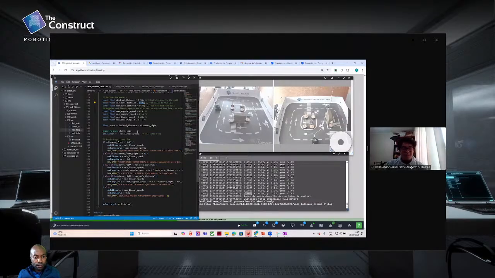The far threshold is 0.35 meters. So in the trajectory corrections, first, if there is an obstacle in front, which I defined as 0.5 meters, the robot slows down and gently turns left to avoid a frontal collision. Then, when there is open space on the right, or when it loses the wall, the robot is driving away from the wall and it turns right to approach.